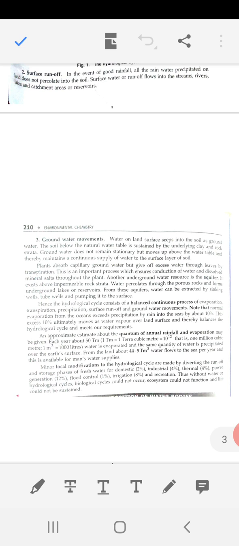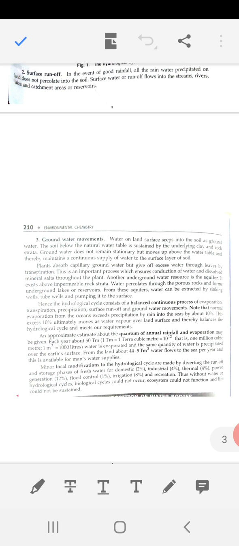Note that normal evaporation from the ocean exceeds precipitation by rain into the seas by about 10%. This excess 10% ultimately moves as water vapor through air and surface and thereby balances the hydrological cycle and meets our requirements.